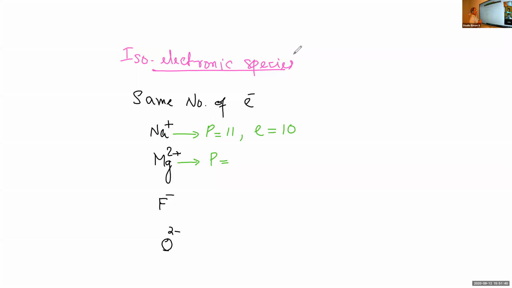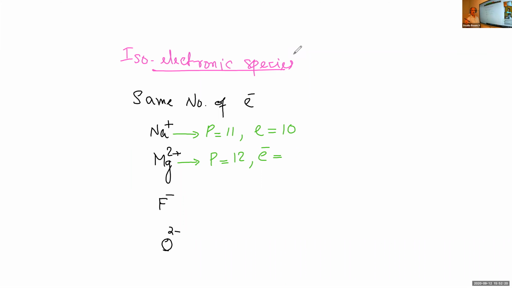You come back to Mg2+. The atomic number of magnesium is 12, therefore the number of protons in the nucleus is 12. If it is a Mg atom, there will be 12 electrons. But it is Mg2+ ion, so 2 electrons are removed.